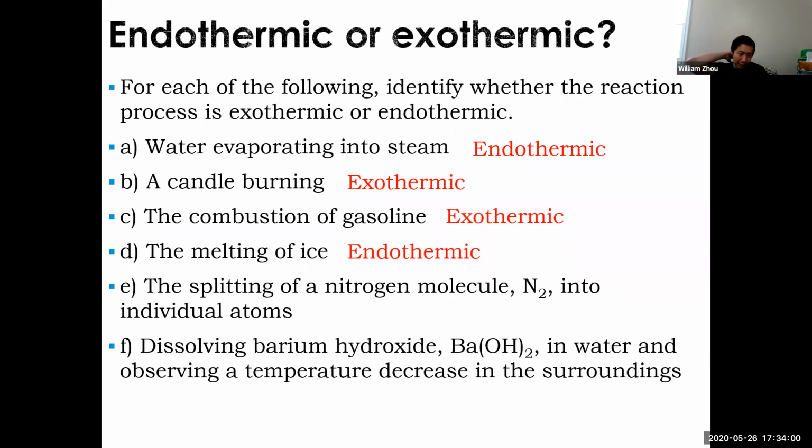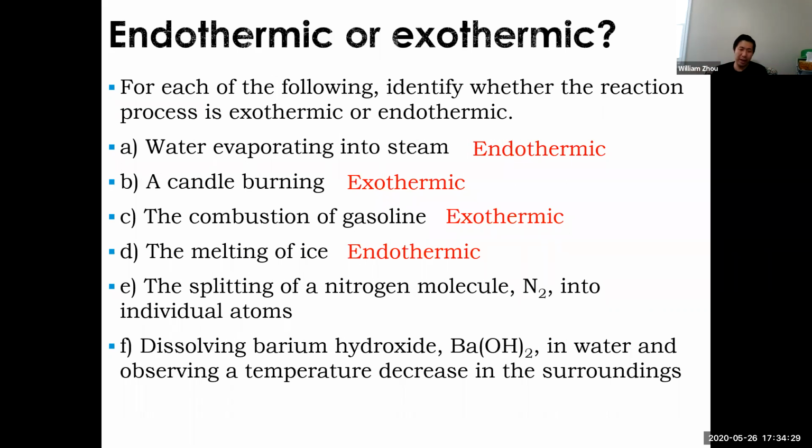So, splitting of nitrogen into individual atoms. I'm not sure, but I think it's exothermic. Be careful what this is saying. You break nitrogen into two atoms. You break that triple bond between the two nitrogens.